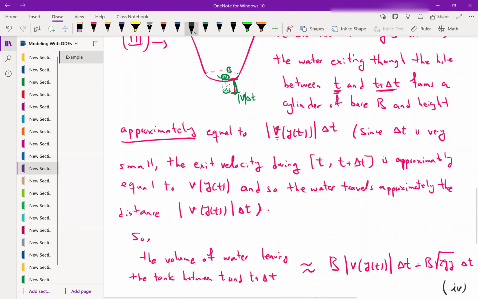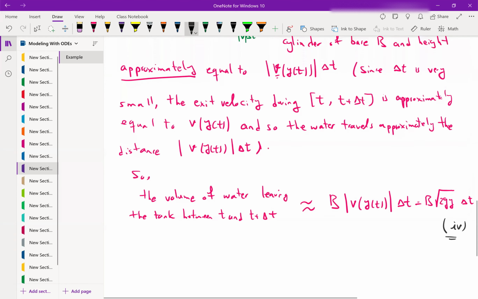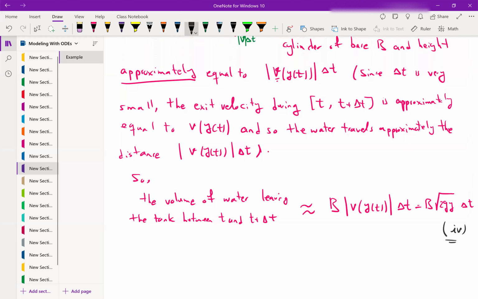And we discovered the second term on the right-hand side. We called it 4. Now I'm going to put all of these things together. And one more time, notice that this approximation becomes better and better as delta t goes to 0.